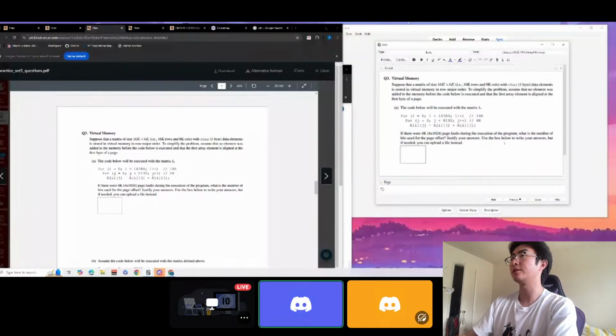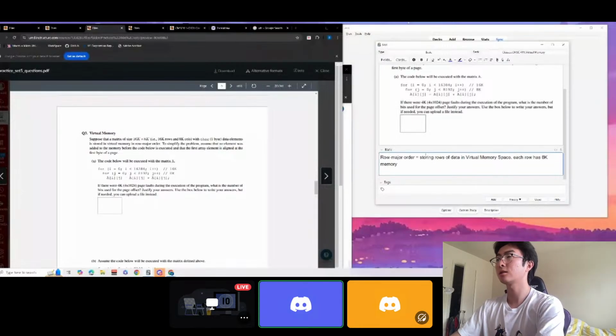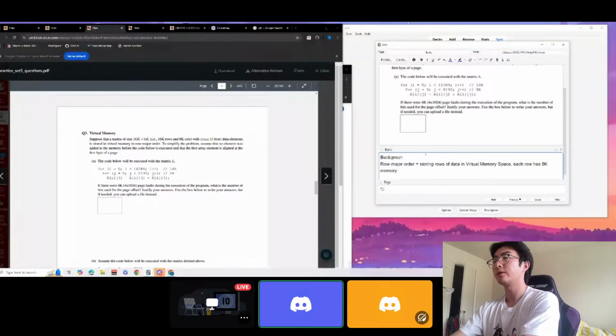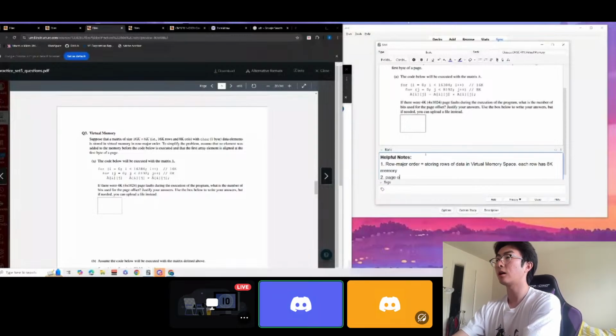So the number of bits used for page offset, that's actually found by the page size. So if we can find the page size, helpful notes, okay. The number of bits used for page offset is equal to log of page size.